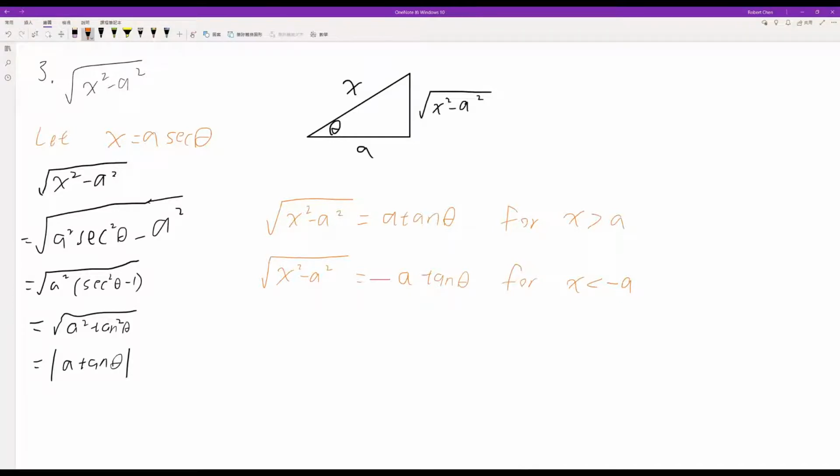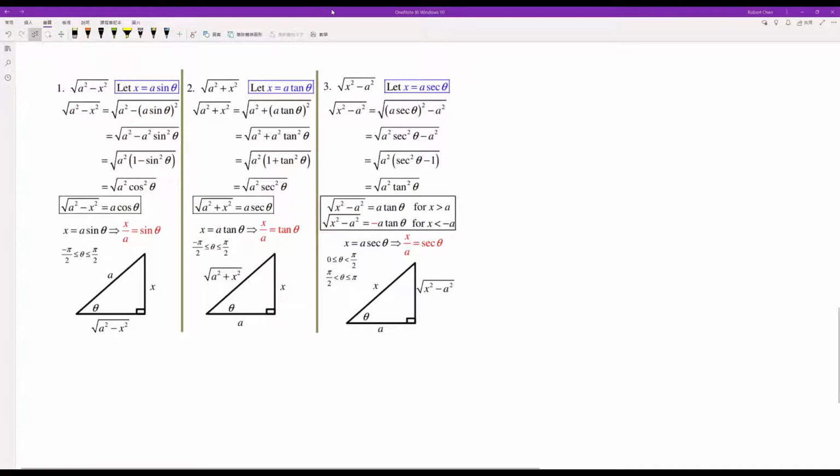So what I'm saying is, this thing here will be negative if x is less than negative a, and we need that extra negative sign here to make it positive.